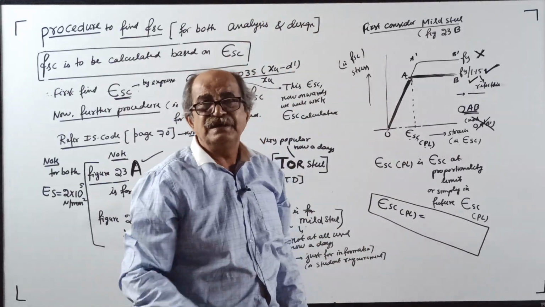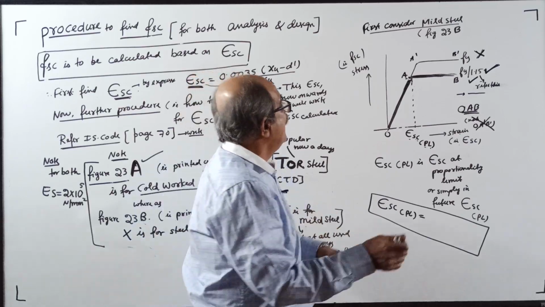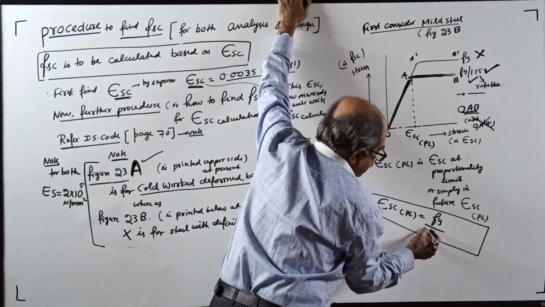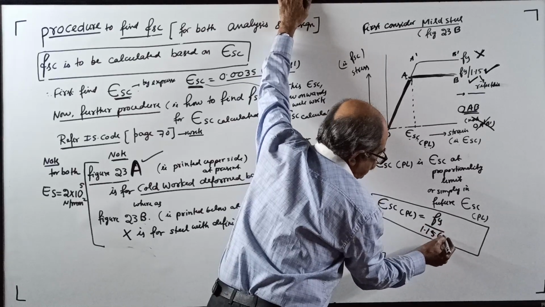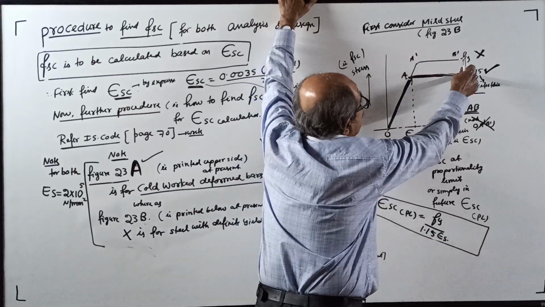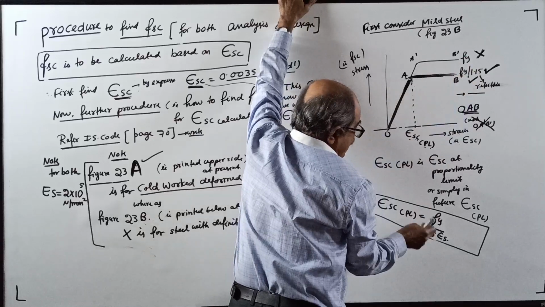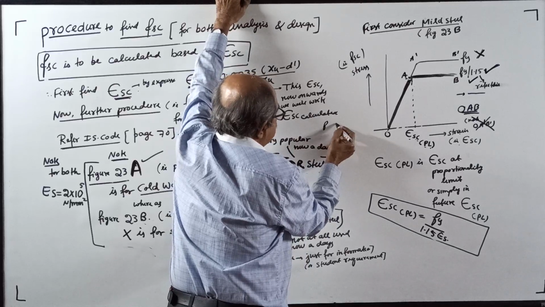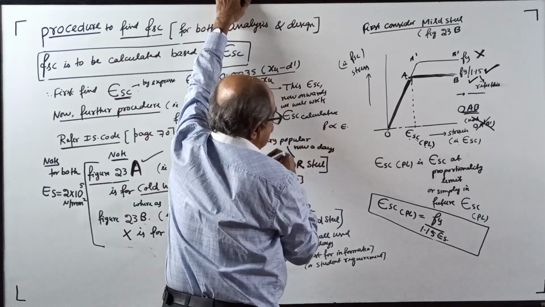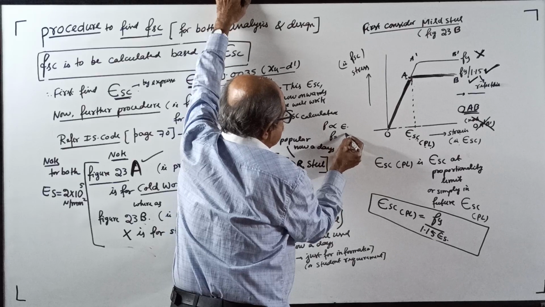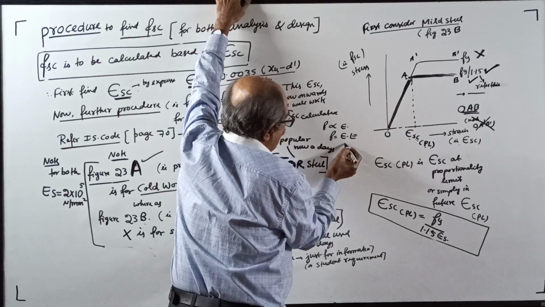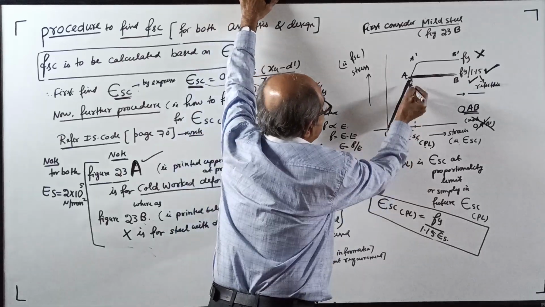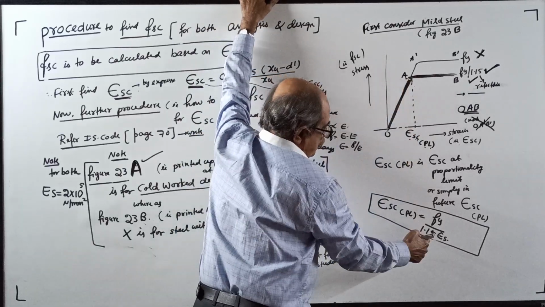In the class I explained the procedure: it is directly Fy by 1.15 into ES. Remember, whatever this value is, divide by ES. Why? You should know it. Stress is proportional to strain, or stress equals strain into Young's modulus, or strain equals stress divided by Young's modulus. Here stress is Fy by 1.15, divided by ES.